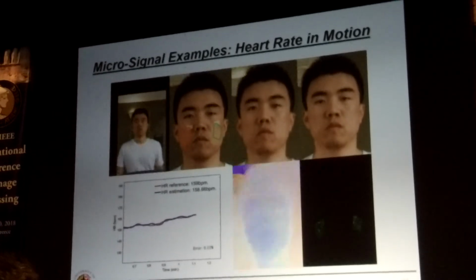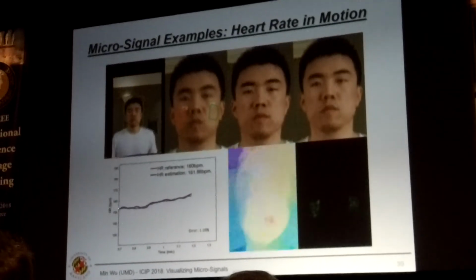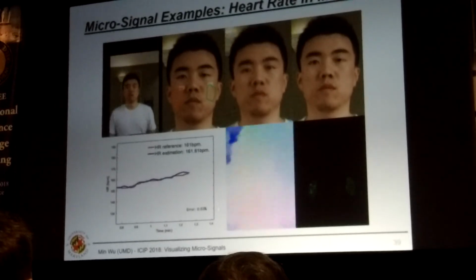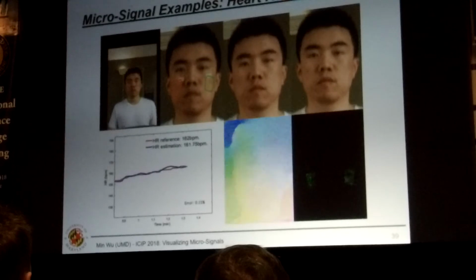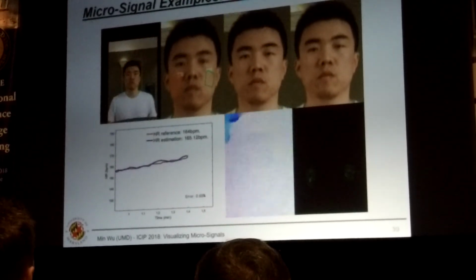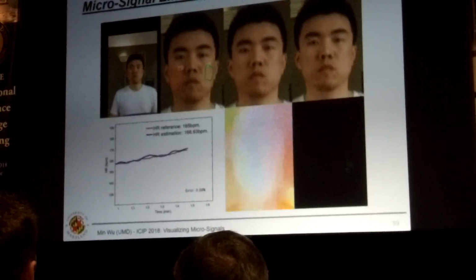That's considered gold standard in the fitness area. The red ones are our estimated results. And you can see that for the vast majority part, the relative error we are achieving is well within 1%. So that would translate to about 1 beat per minute of errors, or much lower than that.